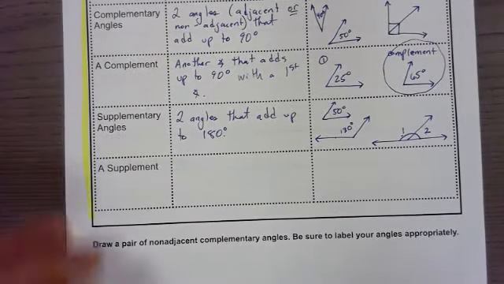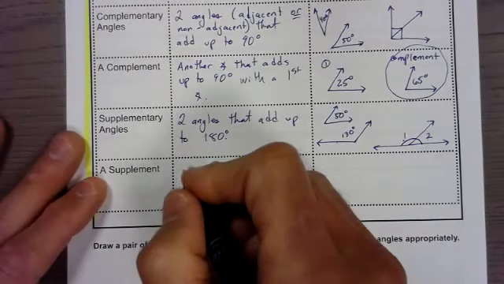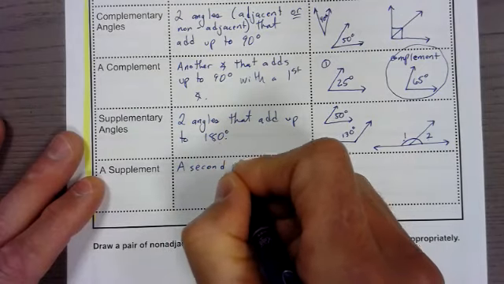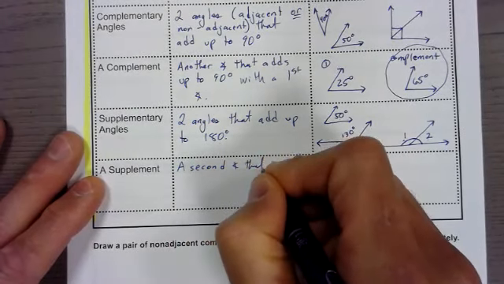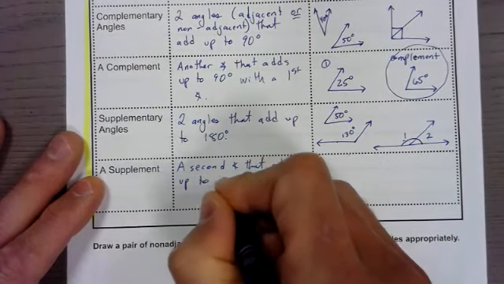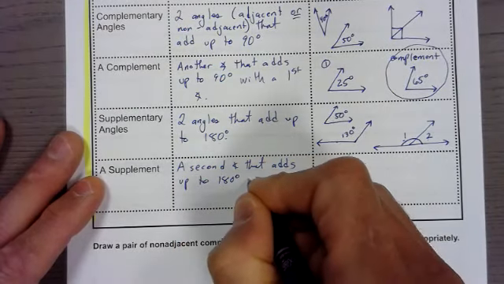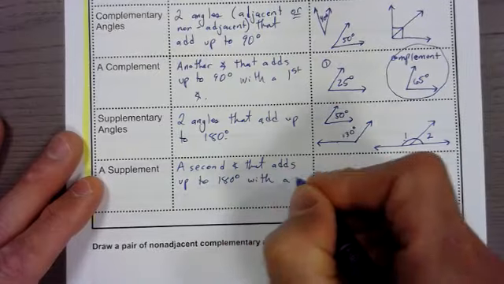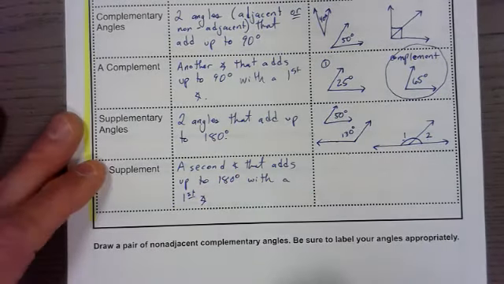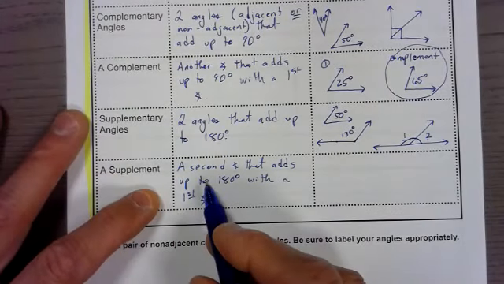A supplement, okay, again, is similar to a complement, a second angle that adds up to 180 degrees with a first angle. Okay. So again, here's supplement.